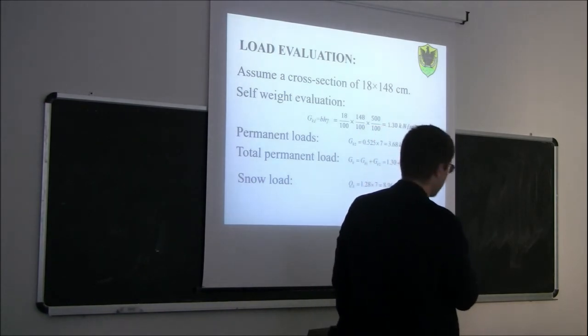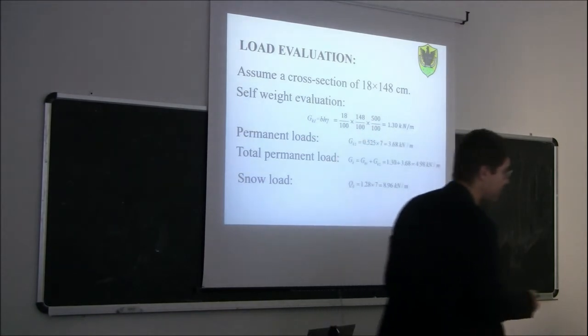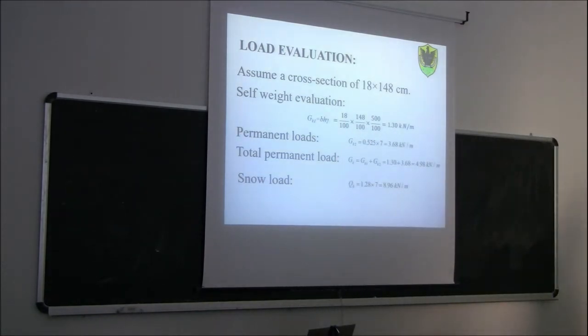Just as a small consideration, look at the incidence of the self-weight of the beam over the whole weight. It's 1.3 against 5, so 1.3 out of 5. As you can see, it's true that timber structures are lightweight.